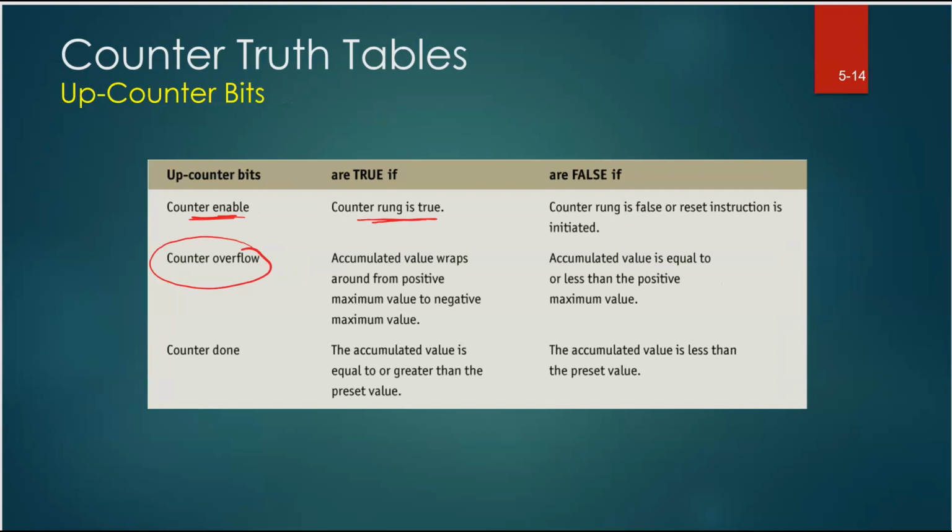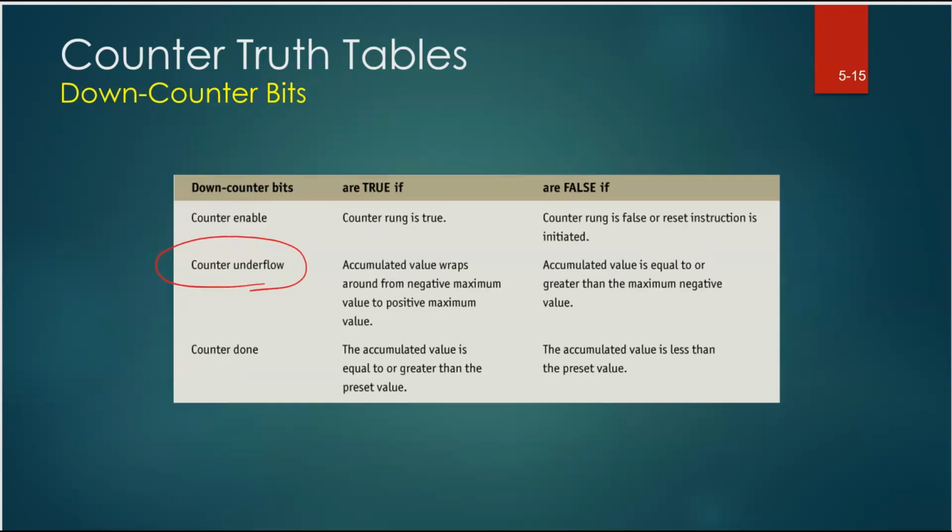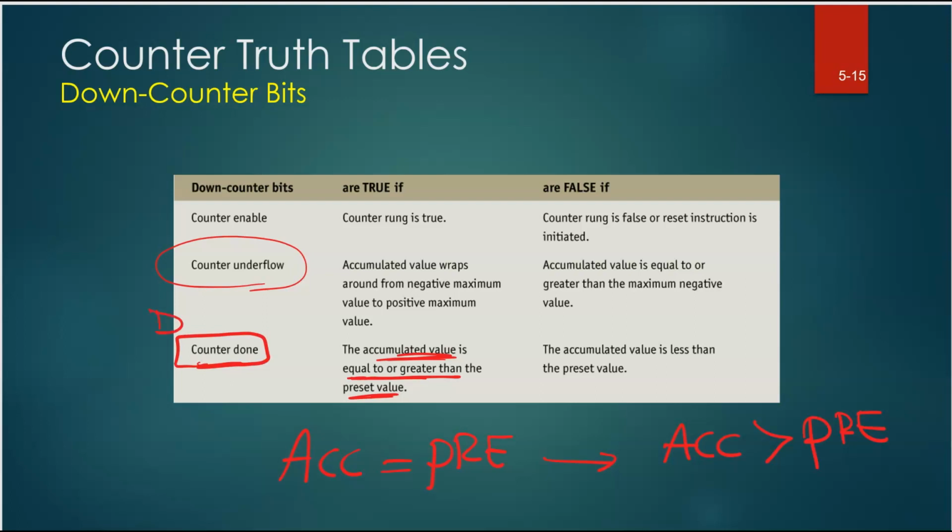And then you have your counter done bit. For both of them, it means that your accumulated value is equal to or greater than your preset value. So whenever your accumulator reaches your preset, and any time after that, which means that your accumulator is greater than your preset, your done bit will be equal to 1.